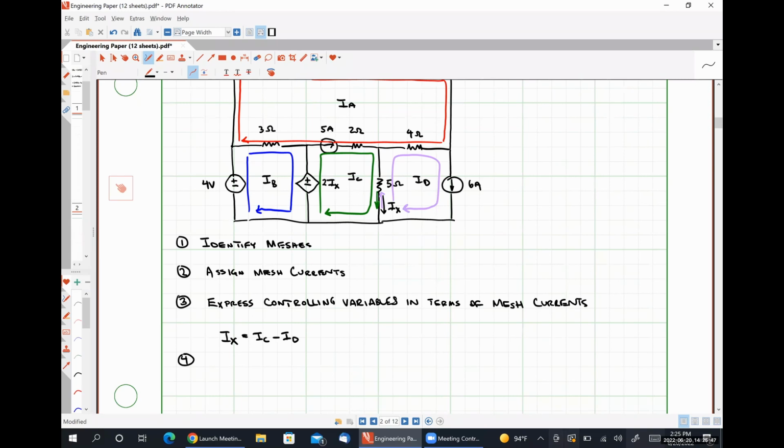Okay, so that brings us to step number 4. We're going to write current relationship equations for each current source.